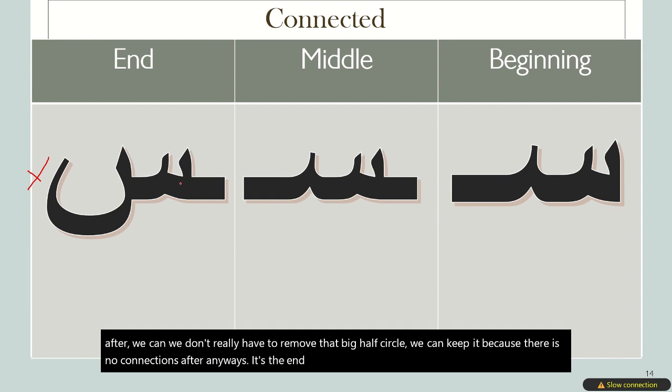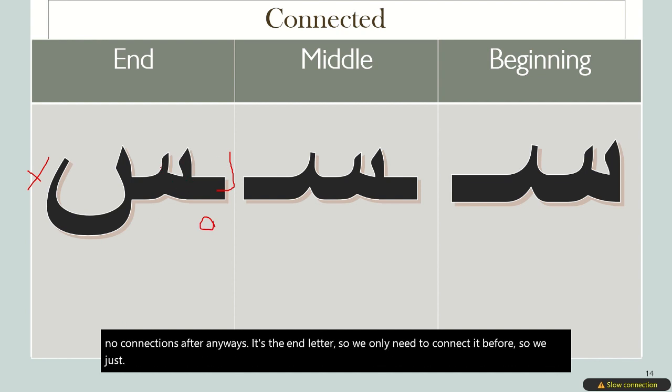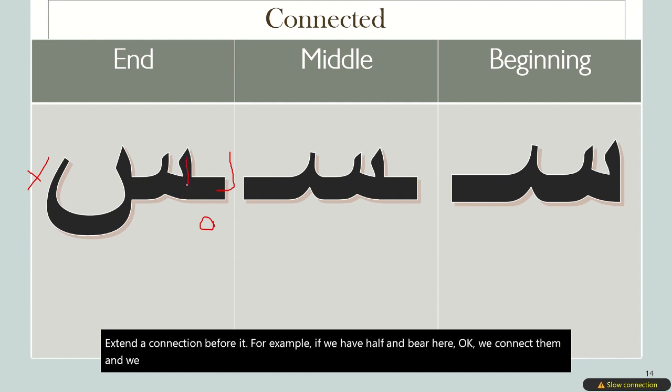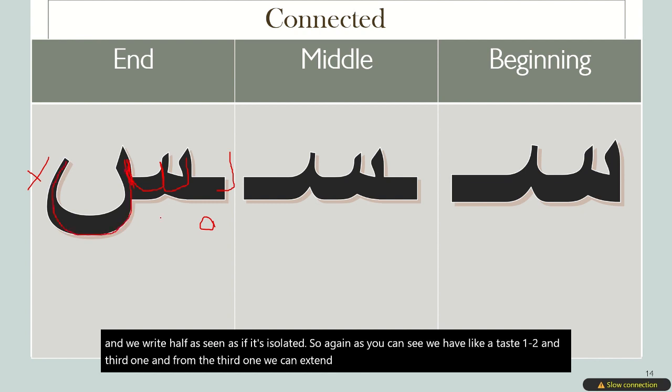So we just extend a connection before it. For example, if we have حرف الباء here, okay, we connect them and we write حرف السين as if it's isolated. So again, as you can see, we have the teeth, 1, 2, and third one. And from the third one, we can extend like half a circle below the line.